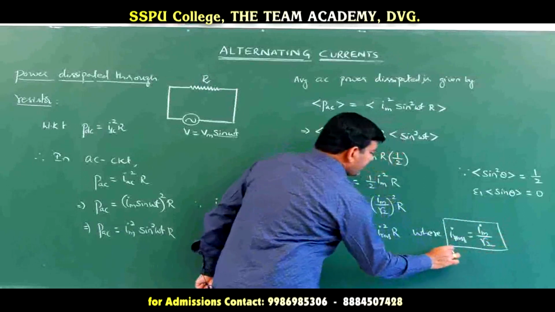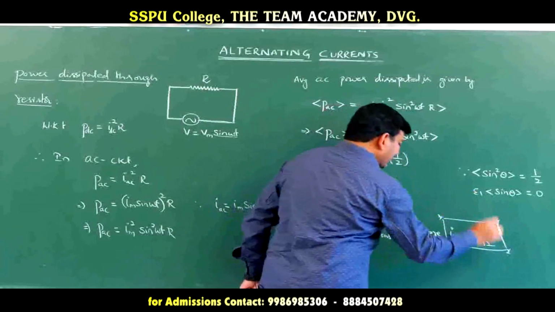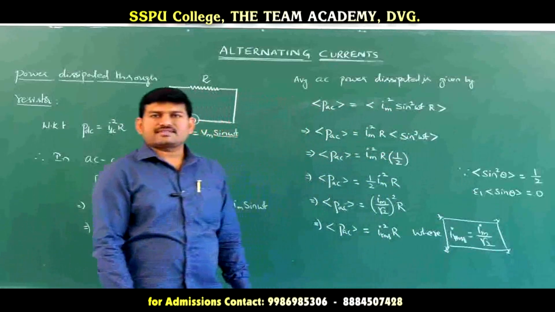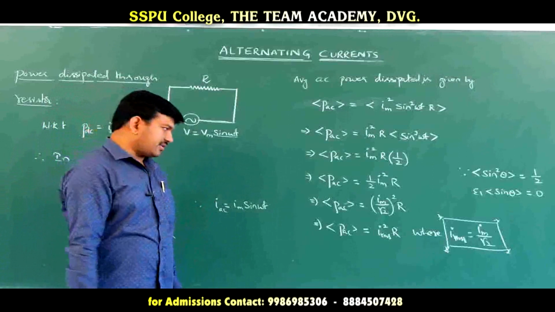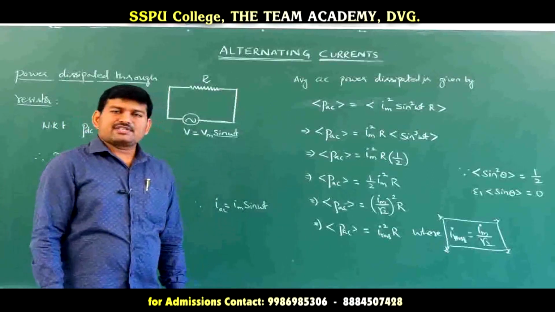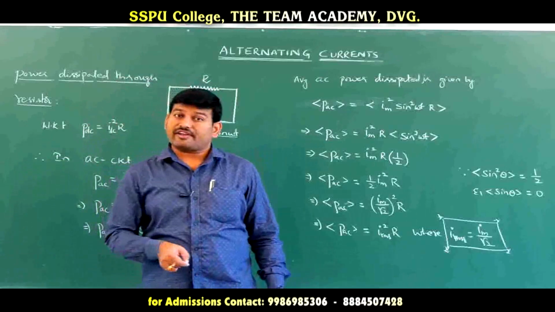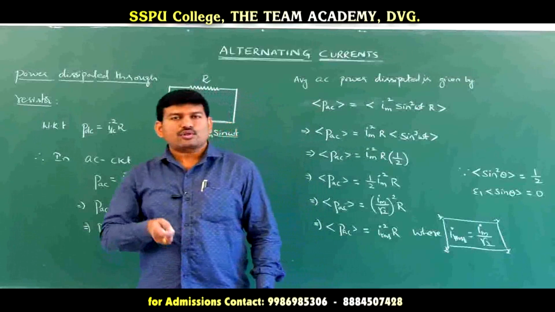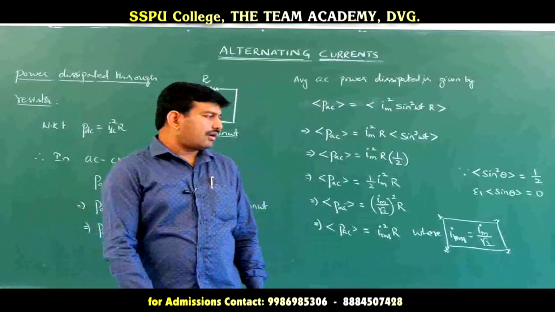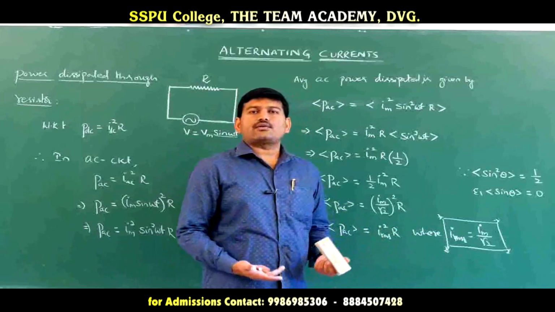This is a very important term that you have to remember for all kinds of examinations. So what does I_RMS refer to? I_RMS refers to root mean square current, which can also be called the virtual current, equivalent current or effective current. Why is it called the equivalent or the effective current?